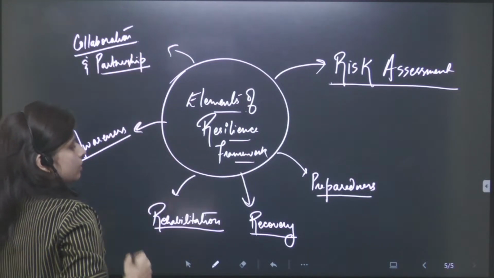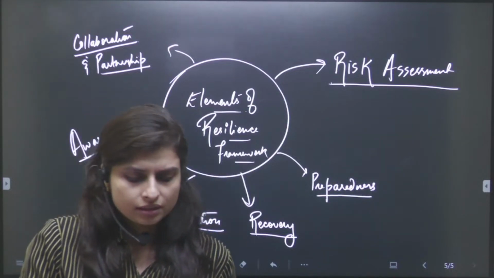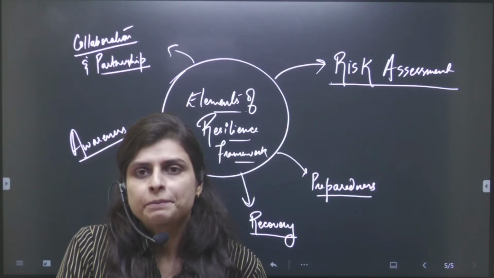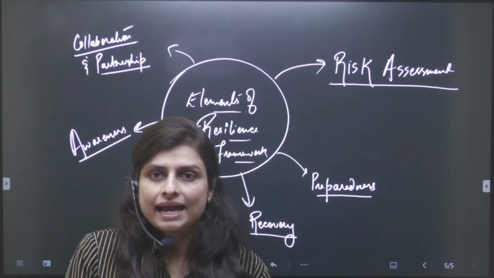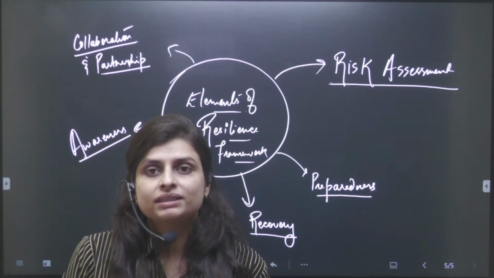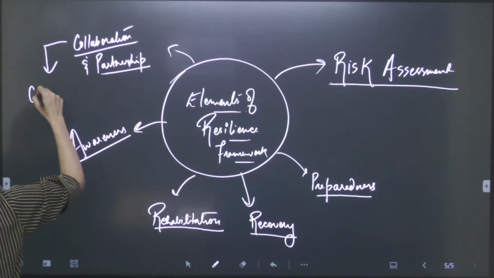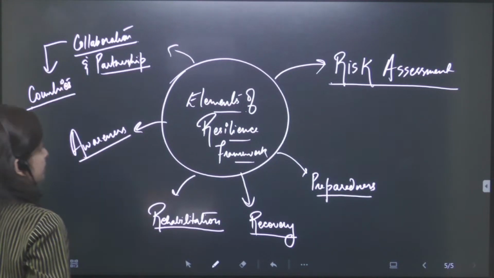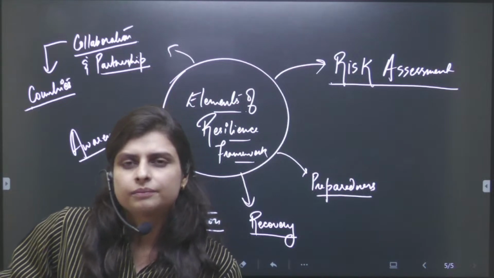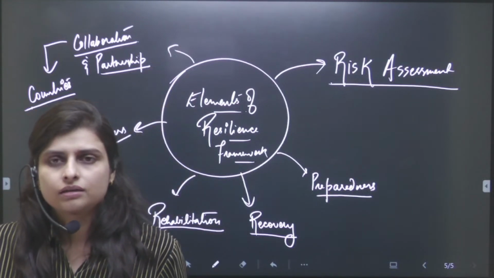Because, for example, if you see the regions of UP and Madhya Pradesh, if we have collaboration between the states, and if we have collaboration between the countries, then it is going to be very effective. Collaboration and partnership between the countries, etc. Why? For disaster resilience and to check the disaster.